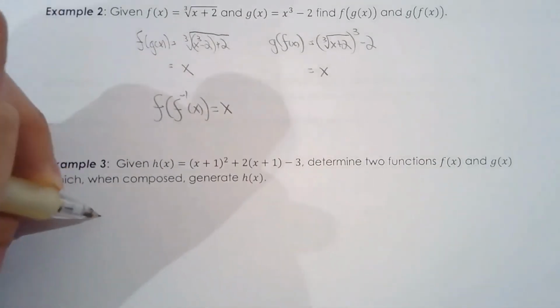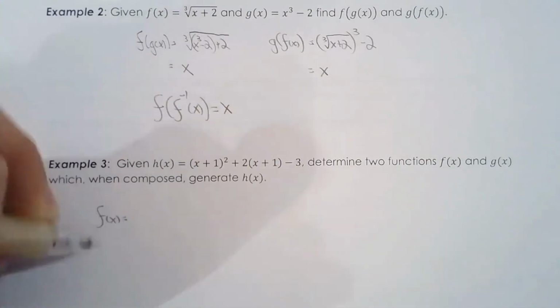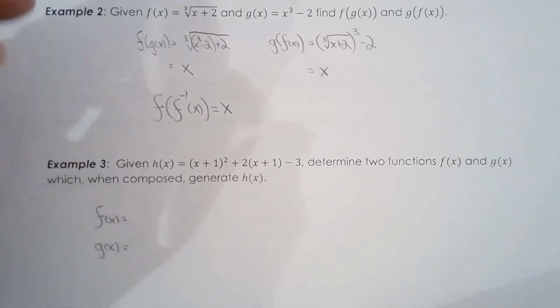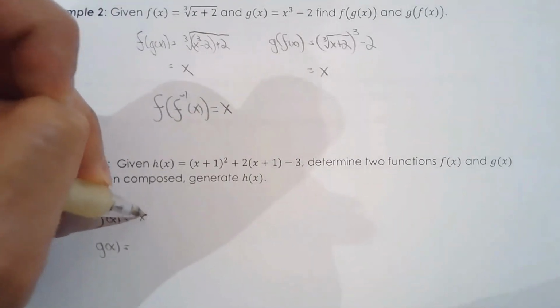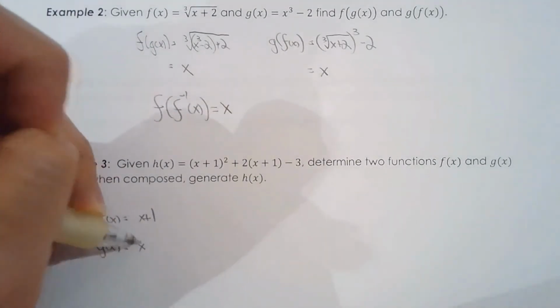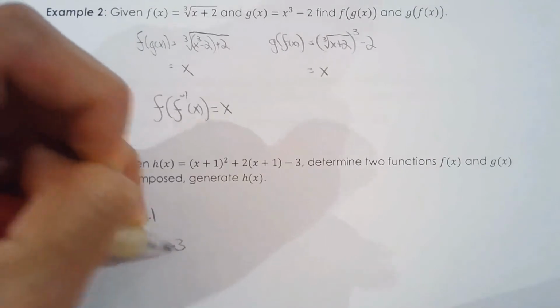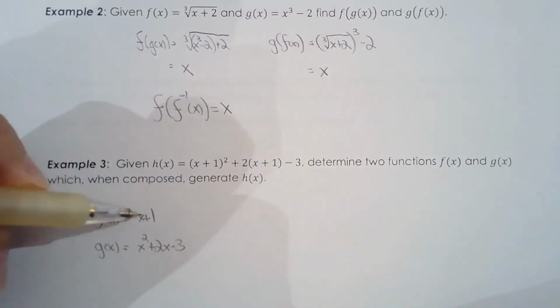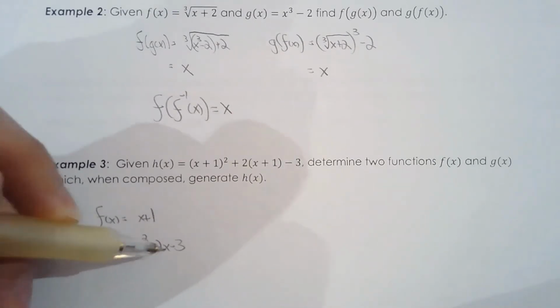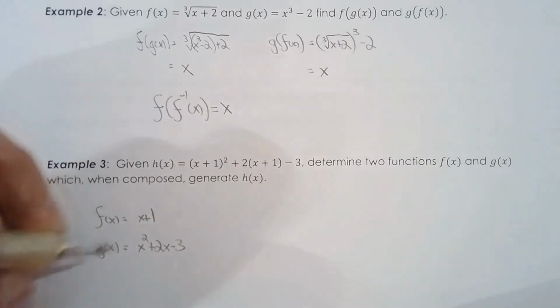So let's see, f of x and g of x. What is one way of composing f and g to get h? I think the most common way is if you let f of x equal x plus 1 and g of x to be x squared plus 2x minus 3. Because if you nest f into g, you're going to get this x plus 1 replacing x, right?